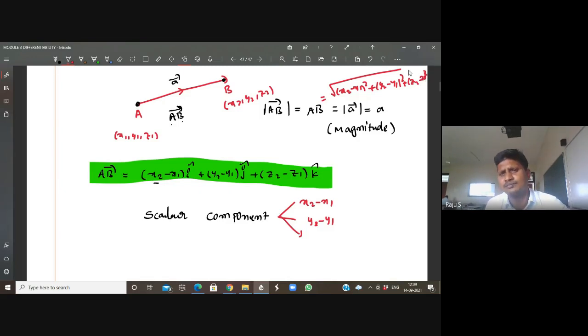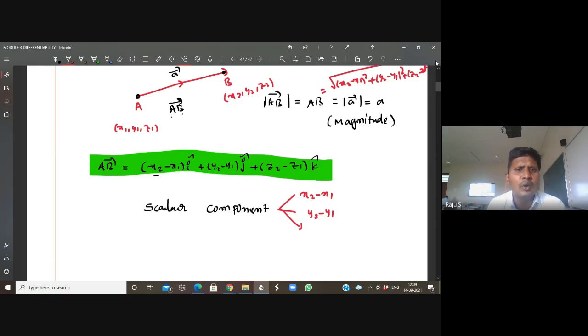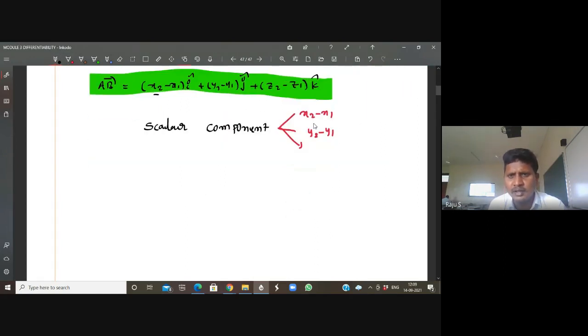This is the distance formula. The distance between A and B is given by its magnitude. Magnitude is always positive; the length cannot be negative. This is always a positive real number. For example, here these are the scalar components, including z2 minus z1.